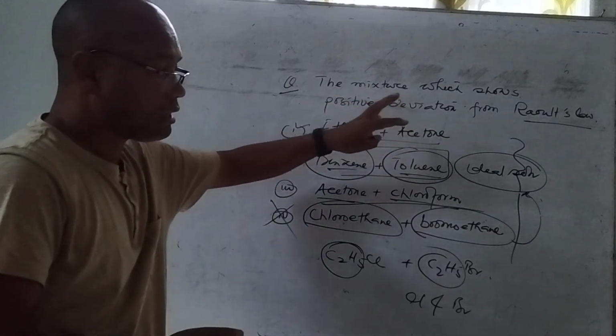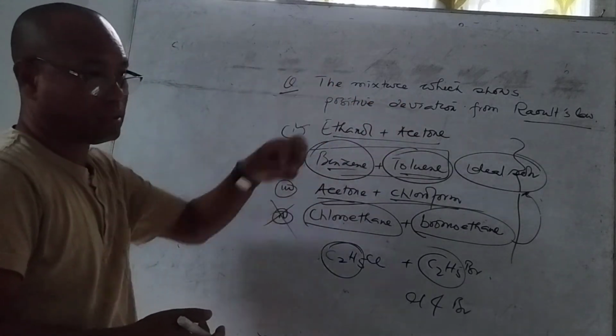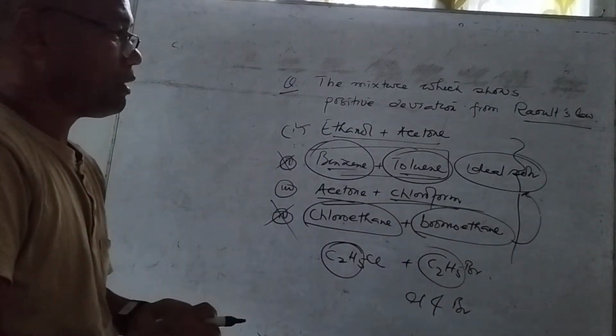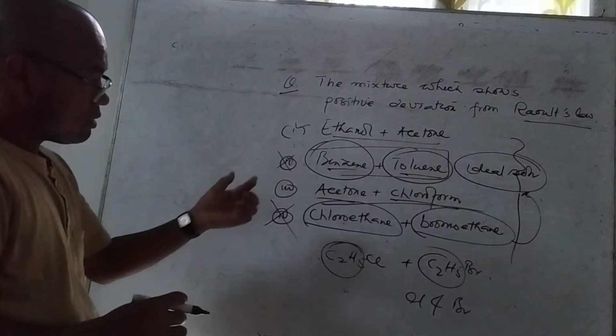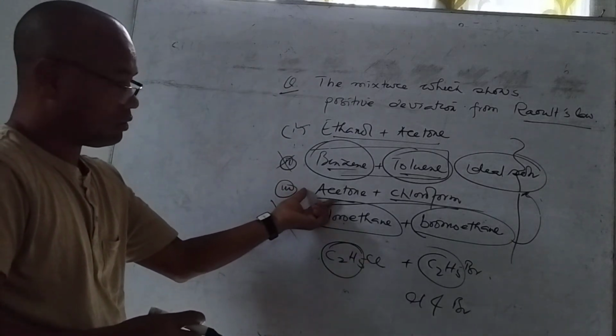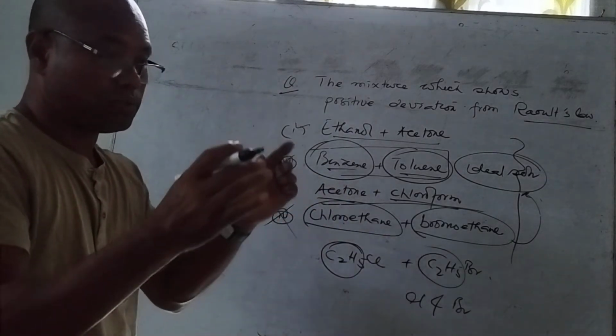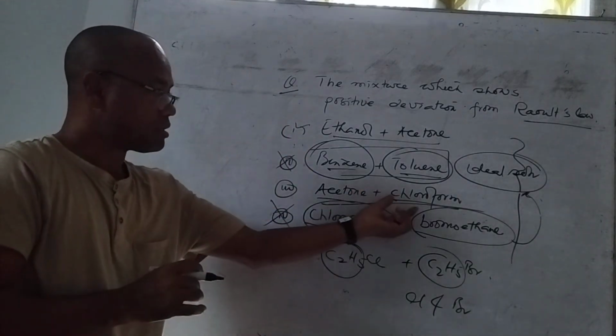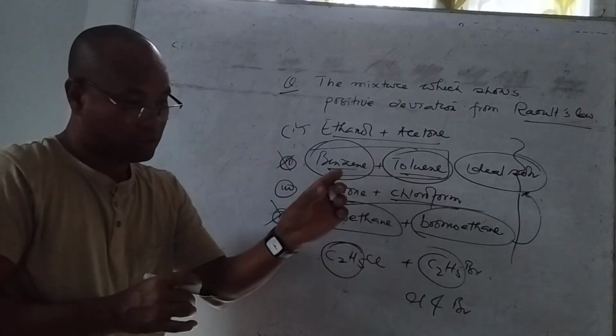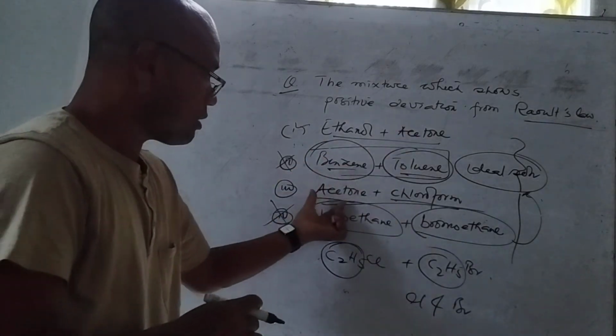Acetone has no chance to form a hydrogen bond in the pure state, but when we mix it with chloroform, there will be a chance to form a hydrogen bond between the acetone and the chloroform.